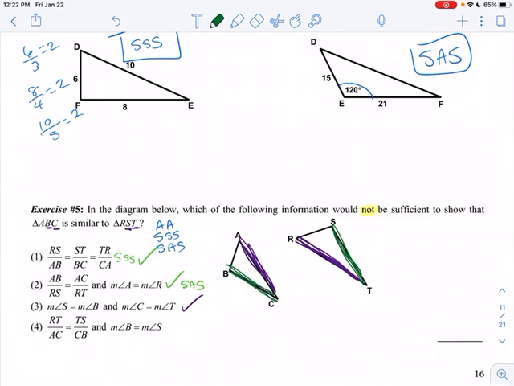And then they said angle B is congruent to angle S. Well, that's no good because the angle has to be between the sides. In order for it to be side-angle-side, the angle has to be included between the two sides, so the angle is not between the sides. So that one would not be a method. Okay? All right, and we'll practice all those tomorrow.